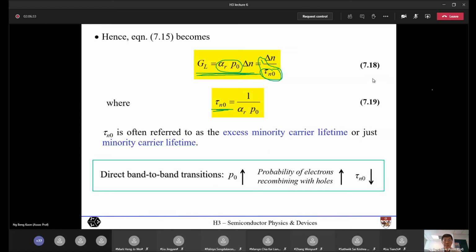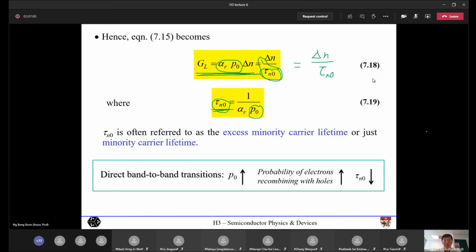So the GL is now reduced to delta N over the excess minority carrier lifetime, tau N naught, where the tau N naught is in fact determined by the majority carrier. The higher the concentration of the majority carrier, the smaller the excess minority carrier lifetime.